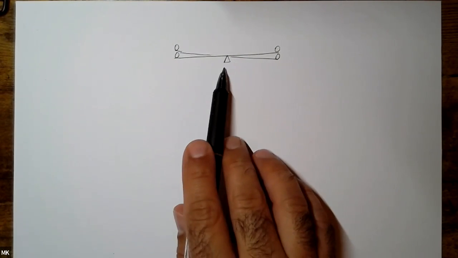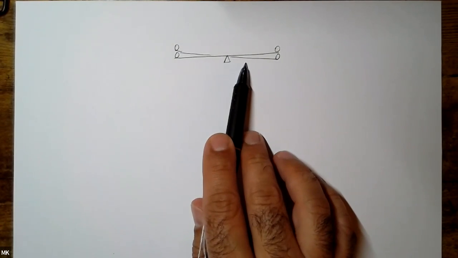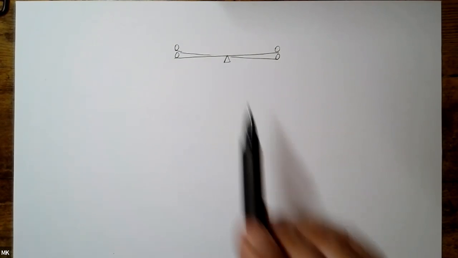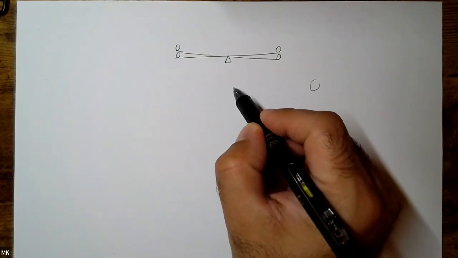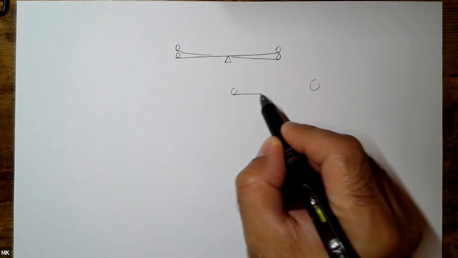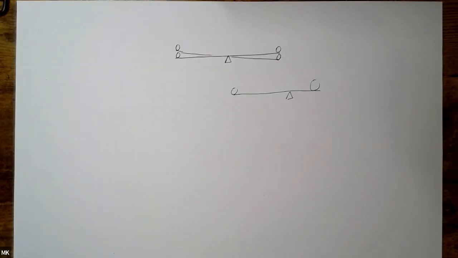The idea here is if you have a heavier side, then to balance it, you would have to move your fulcrum closer to the heavier side, and that will balance. And that's intuition, right? If I have a heavier mass and a lighter mass and I want to balance it, I would probably have to put my fulcrum closer to the heavier mass.